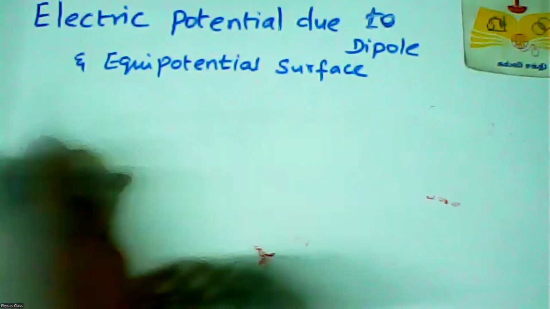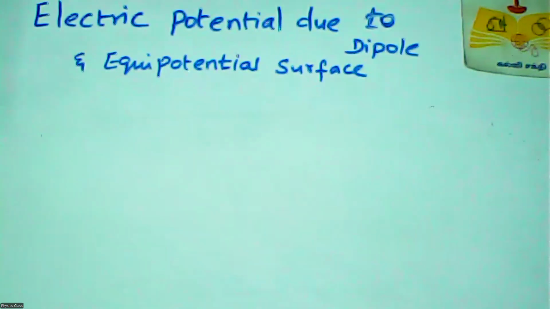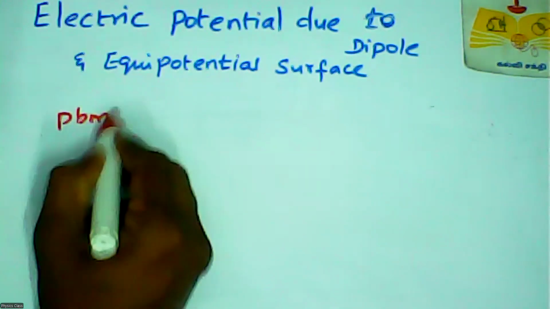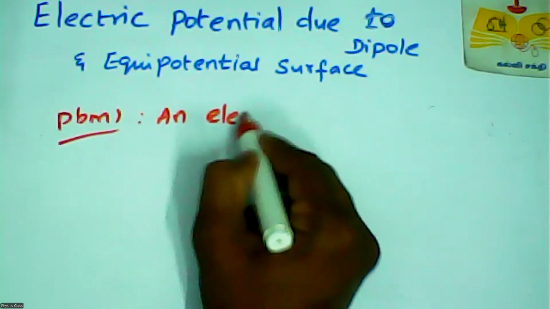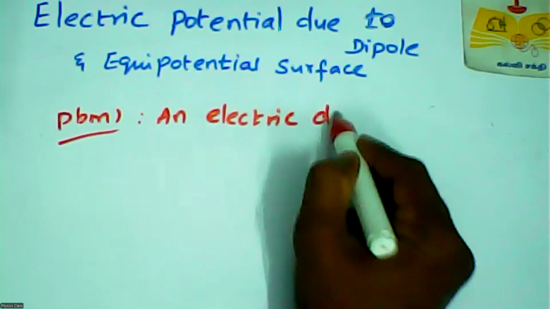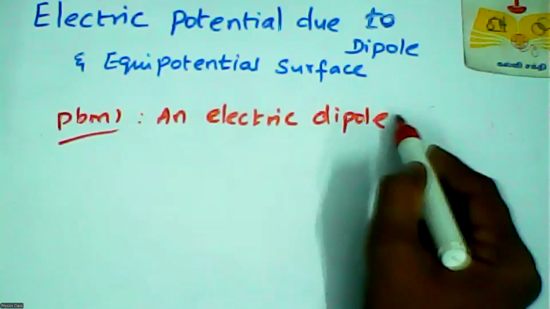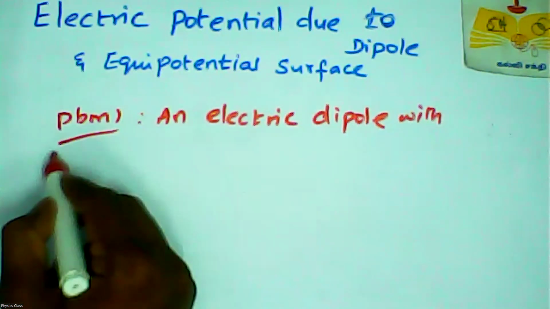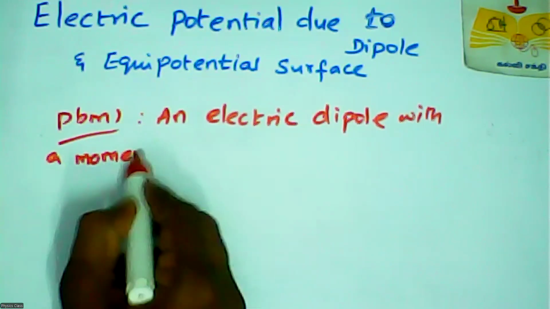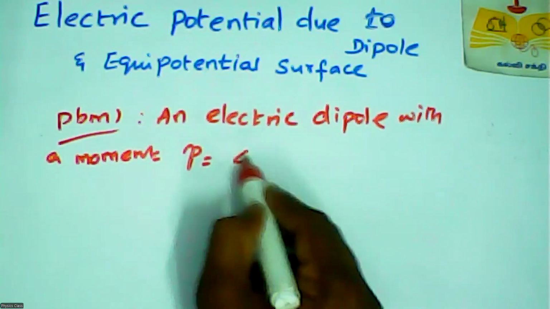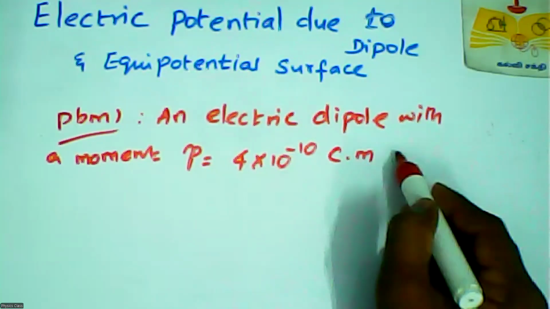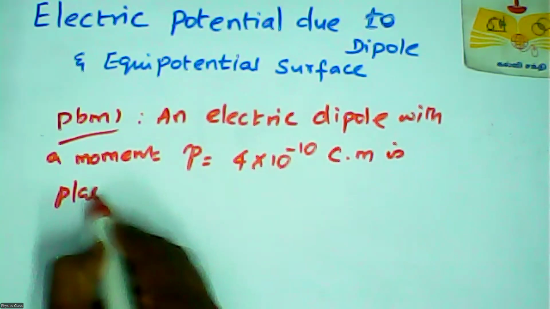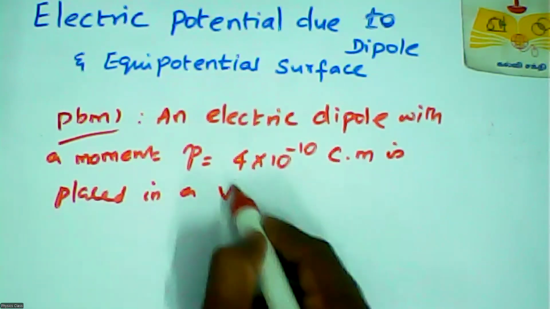Let's apply this concept by solving two numerical problems. First of all, problem number 1. An electric dipole with a moment p of 4 into 10 power minus 10 coulomb meter is placed in a vacuum.